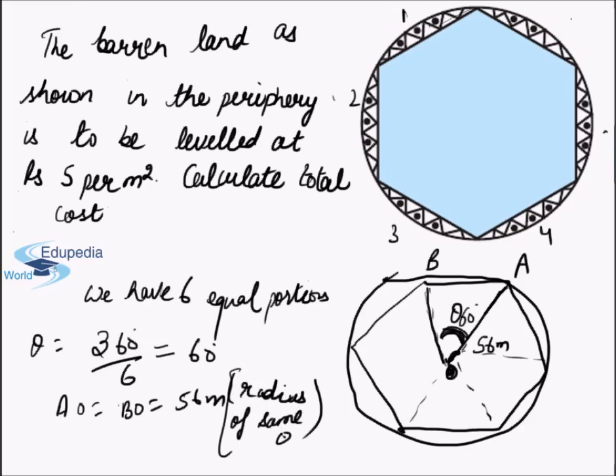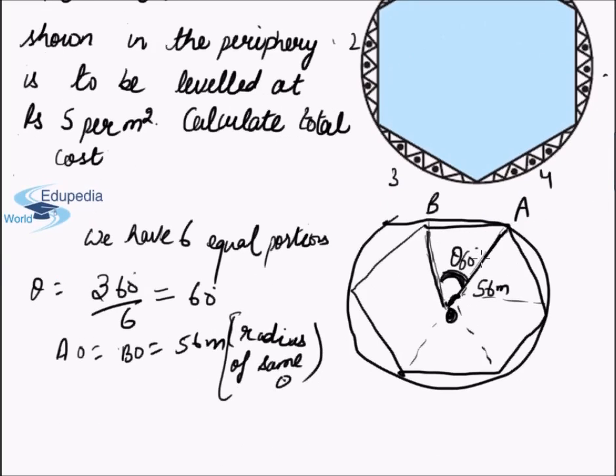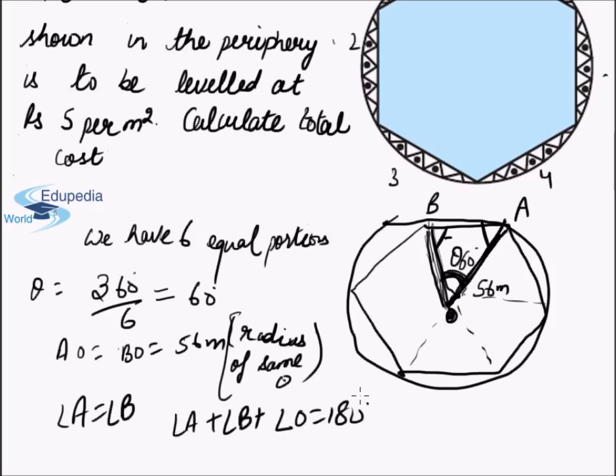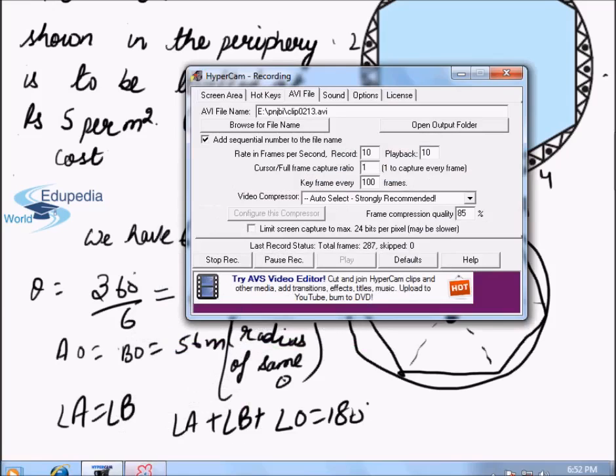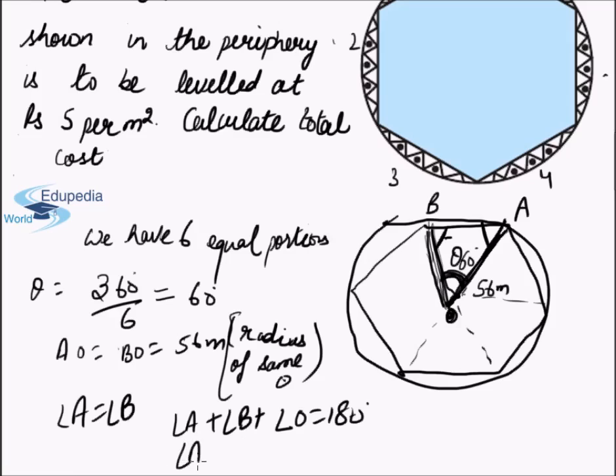So this triangle is isosceles, and we know for an isosceles triangle these two angles are equal, that is angle A equals angle B. Now we know that angle A plus angle B plus angle O equals 180 degrees, that is the sum of interior angles of a triangle, which will give us angle B can be substituted as angle A. So we have angle A plus angle A plus 60 degrees, that is angle O, equals 180 degrees.